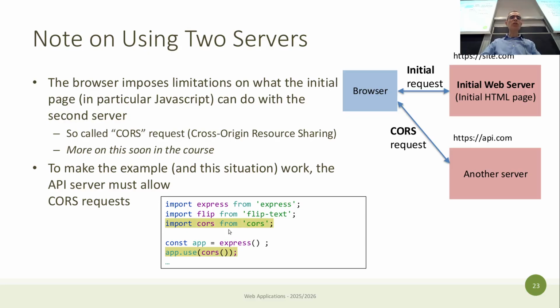In short, from the first server we say to the browser, please allow any CORS request. Of course, this is a bit too broad for an actual production website, but just for testing for the moment, that's good, okay? And again, we will discuss this in more detail during the next lecture, next Monday, right?